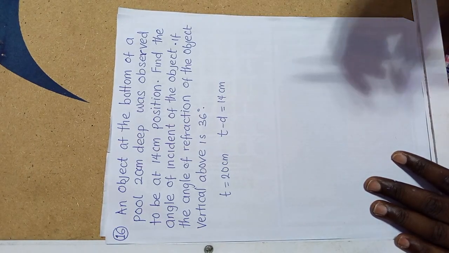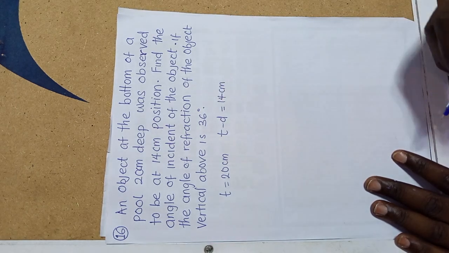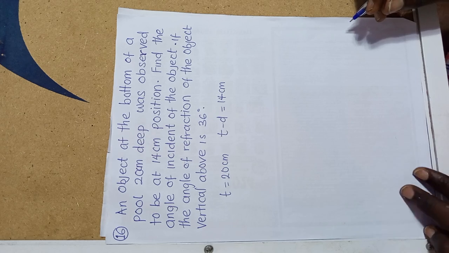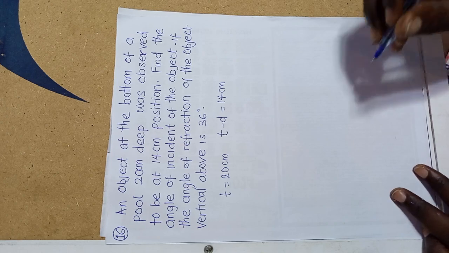After they observe it, the apparent position, that means the depth, is 14 centimeter. That is T minus D. And find the angle of incident of the object if the angle of refraction of the object above is 36.